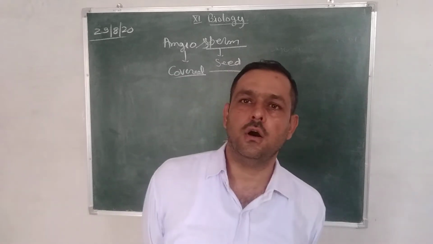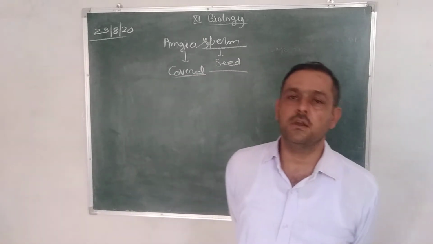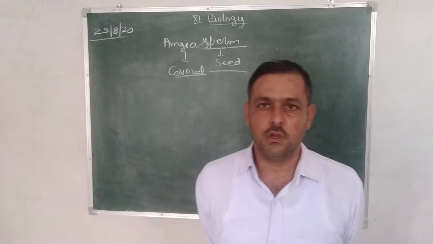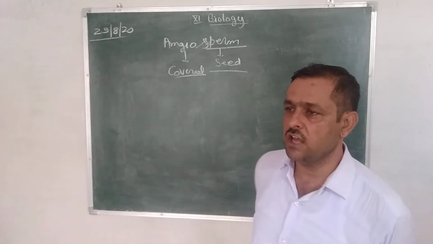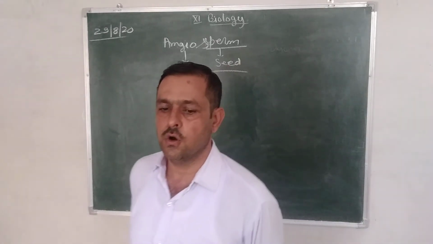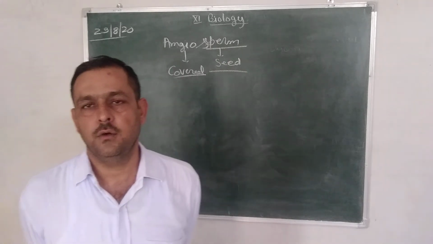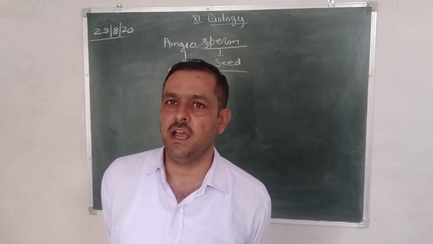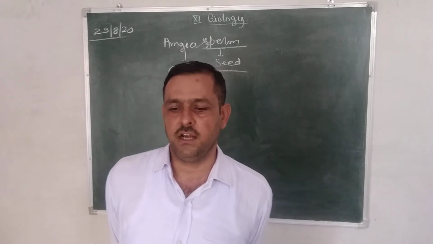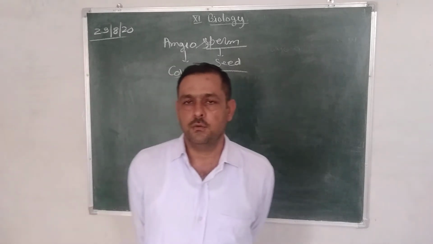The ovary wall of the fruit covers the seeds. So angiospermic plants are plants whose seeds are covered by an envelope, and that envelope is a fruit.